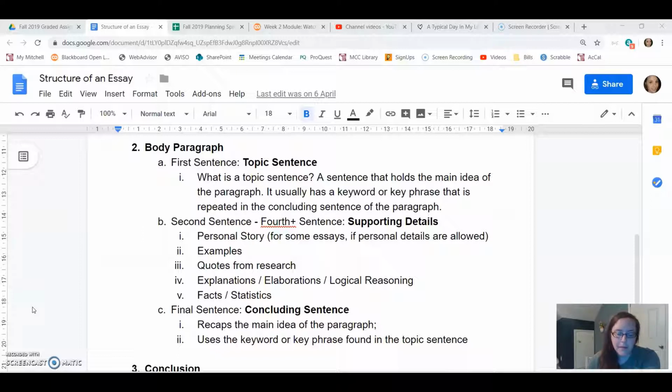You want to make sure that every supporting detail you provide is really completely developed and explored in your body paragraph. And then, of course, the other thing that you can do is facts and statistics. And sometimes these things will overlap. Like I said before, an example can be in the form of a personal story, and also a quote can provide facts and statistics. So there's a lot of overlap that can happen here in your supporting details.